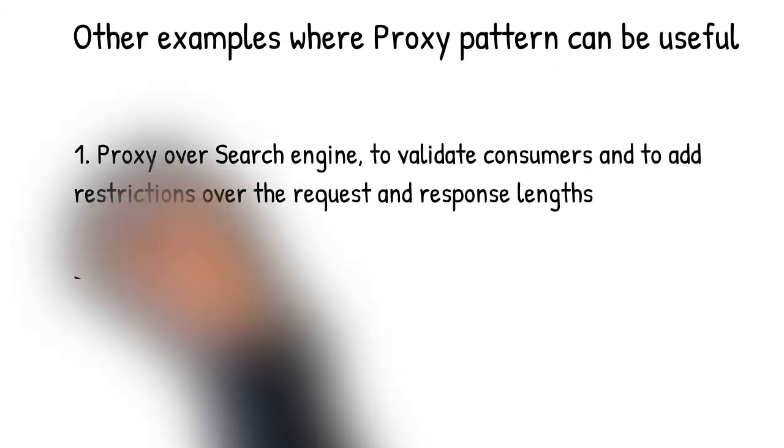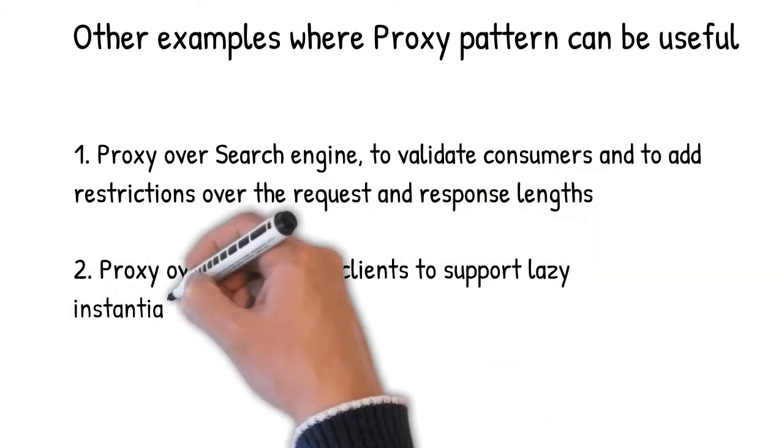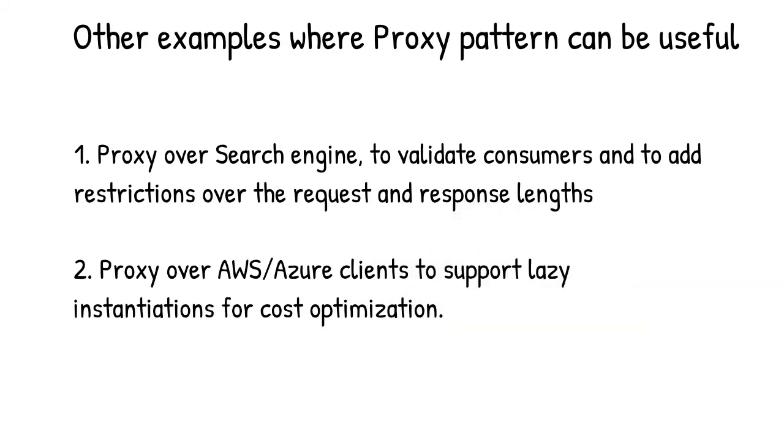Assuming a scenario where instantiating cloud clients like AWS or Azure clients brings you an extra cost, you can build a proxy pattern to ensure that the clients are lazy loaded, that is, they are only instantiated when there is a need.